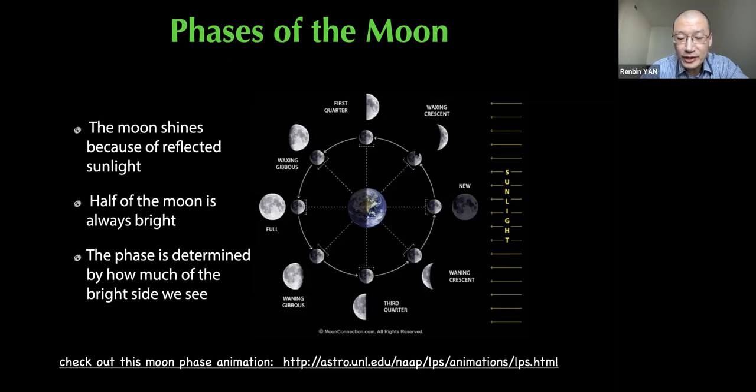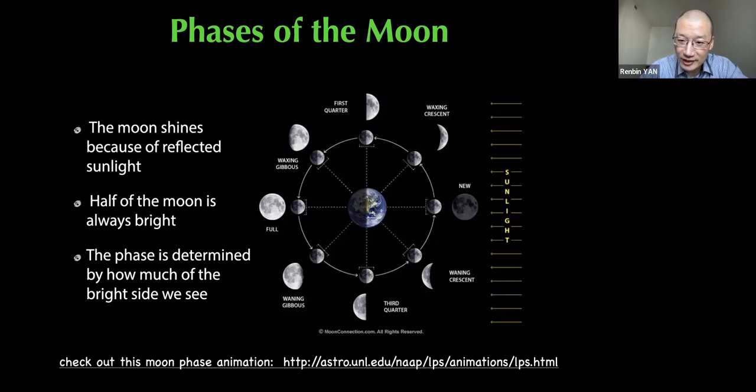And half of the moon is always bright because the moon always has half of it facing toward the sun and half of it facing away from the sun. If you talk about daytime and nighttime on the moon, this side of the moon is during the day and this side of the moon is at night, right? Every object in our solar system will have half of it illuminated by the sun and half of it dark.